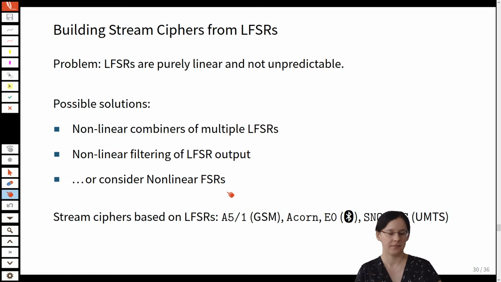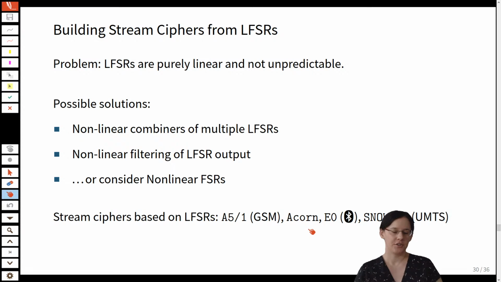However, the designs based on LFSRs are still among the most popular. In particular, as I mentioned, when we're protecting data connection links such as GSM or UMTS, or also Bluetooth connections, these stream ciphers have traditionally been very popular. A5/1 or E0 are examples of such stream ciphers.